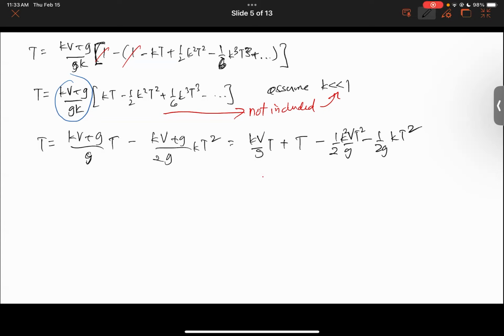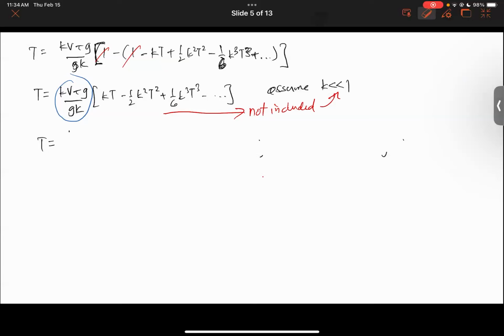Okay, so sorry, ulitin natin. Ilipat ko sa kabilang side itong i-encircle sa blue. So what I have is gkt over kv plus g is equal to kt minus 1/2 k squared t squared.